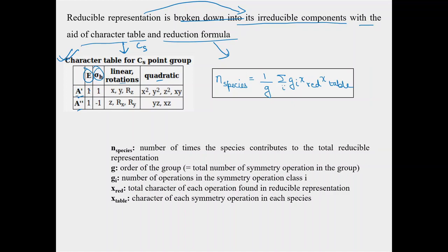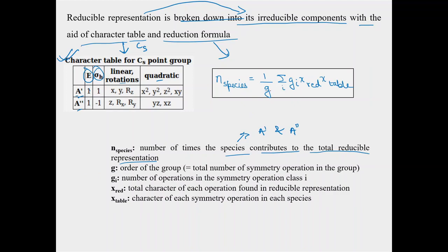Here n species means the number of times the species contributes to the total reducible representation.